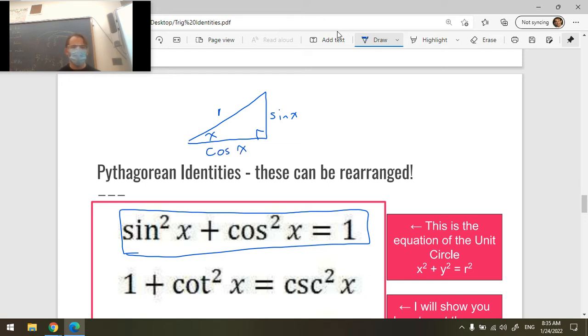So cosine x over 1 is the value of cosine of x. And if I square these two sides and add them together, it will equal this squared. So sine squared x, that's this one squared, plus cosine squared x will be equal to 1 squared. And 1 squared is a really fancy way of saying 1. So we don't usually say 1 squared, we just say 1, because 1 times 1 is 1.